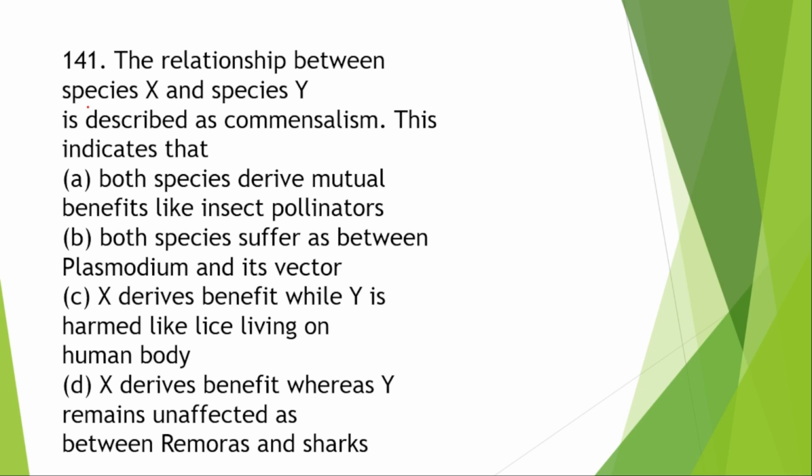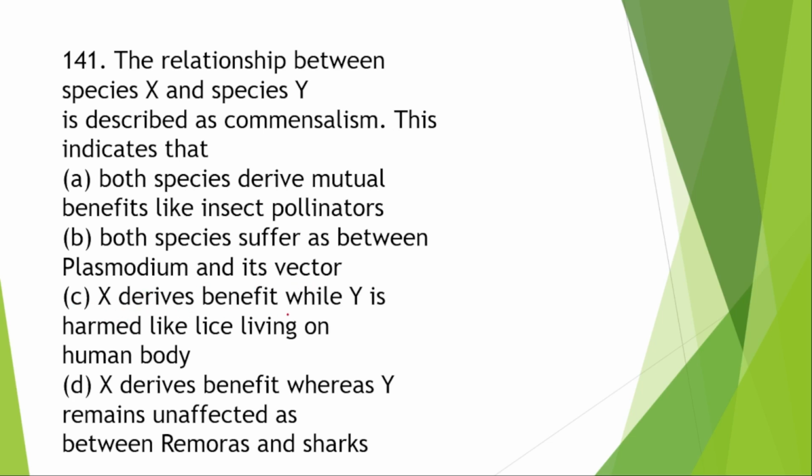Next, 141. The relationship between species X and species Y is determined as commensalism, which indicates that A. Both species derive mutual benefits like insect pollination. B. Both species suffer as between the plasmodium and its vector.